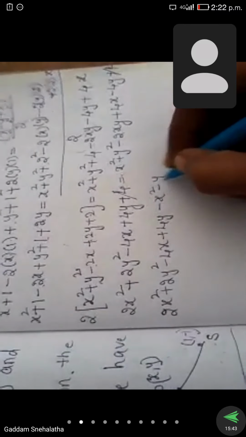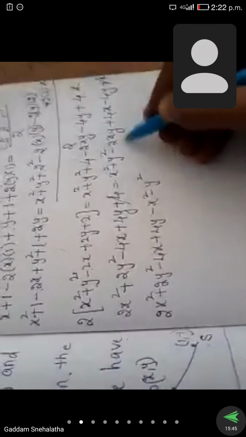Plus y square becomes minus y square. Minus 2xy becomes plus 2xy. Plus 4x becomes minus 4x, and minus 4y becomes plus 4y. No terms on the right hand side, so it should be 0.